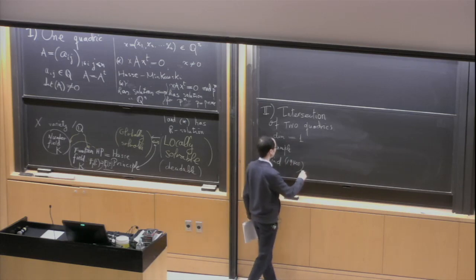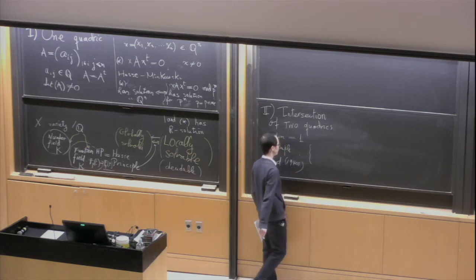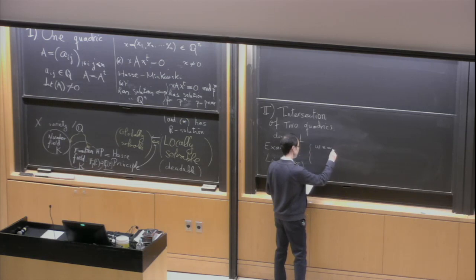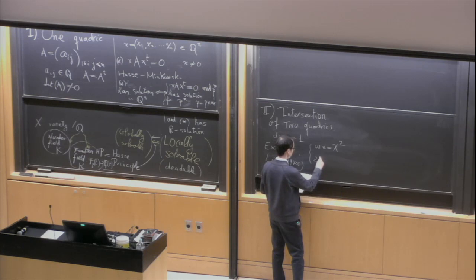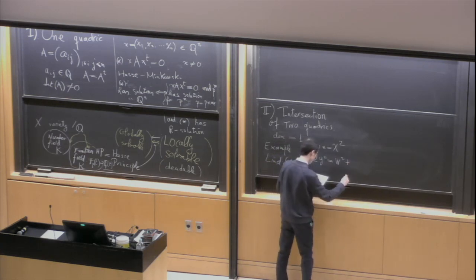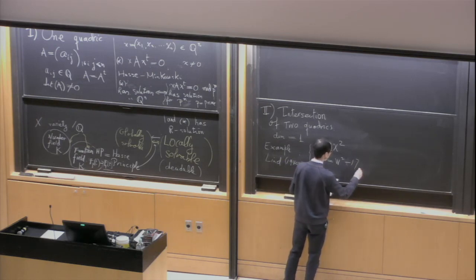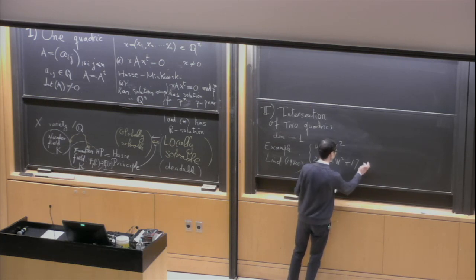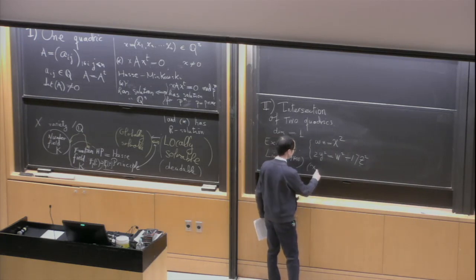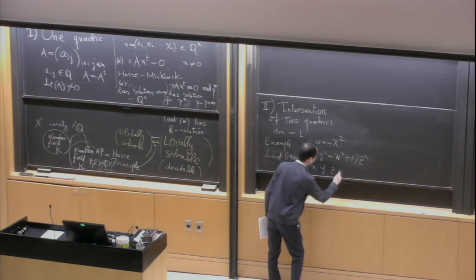If you consider the following intersection of two quadrics, I'm going to write down two equations. The variables will be called x, y, z, and w. 2y squared is equal to w squared plus or minus 17 x squared, z squared. So I have four variables, x, y, z, w.